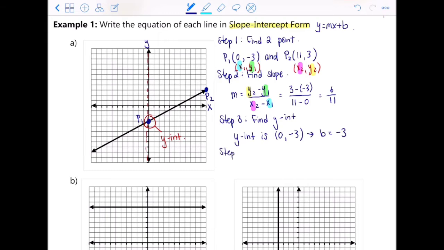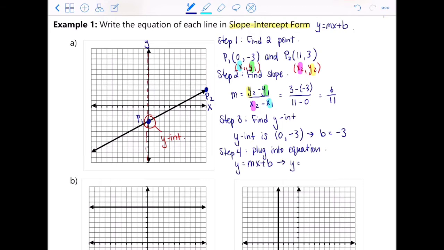Step number 4 is to plug all these variables into the equation. So we have y = mx + b, and all we have to do is sub in.